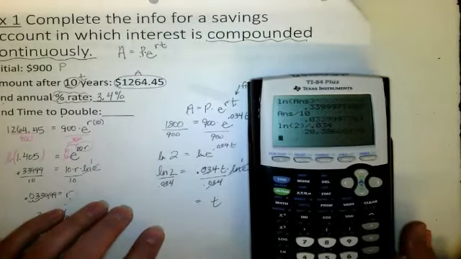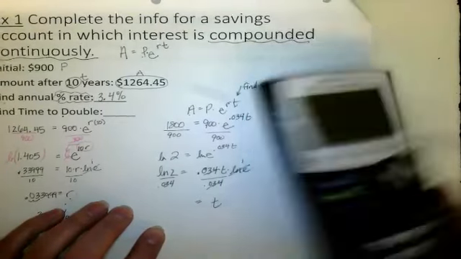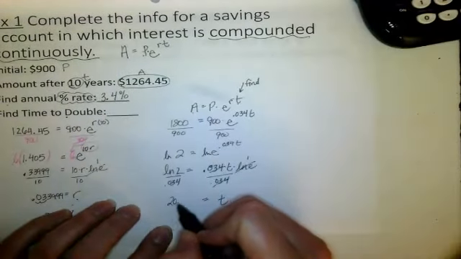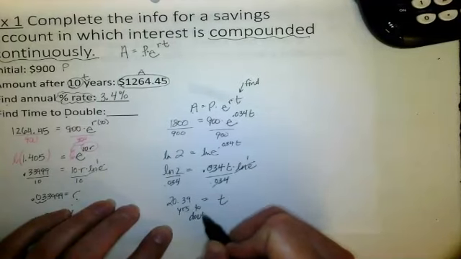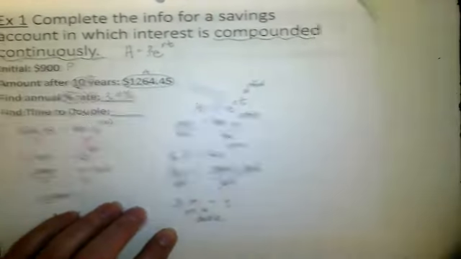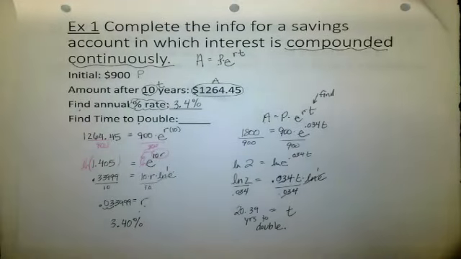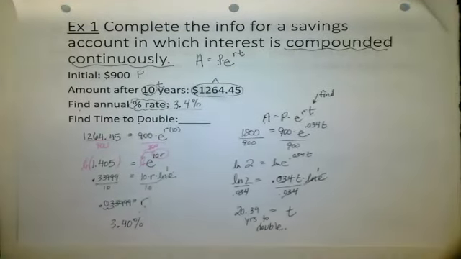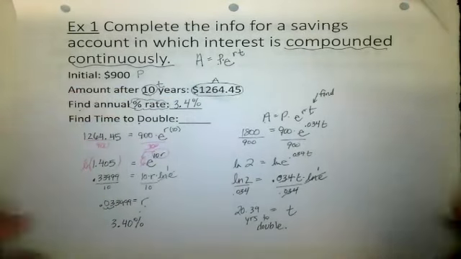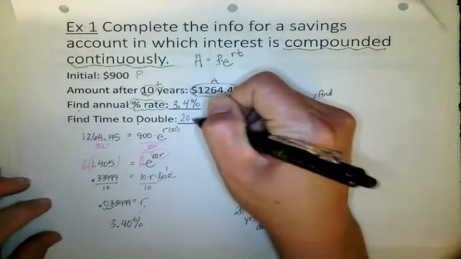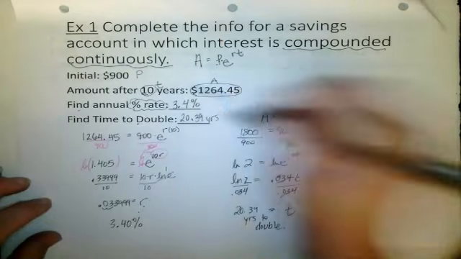It's about 20.39 years, roughly. Years to double. So you're not given the same thing every time, but look at what you are given and see what you can learn from that. So each problem has multiple things that you have to find. Okay.